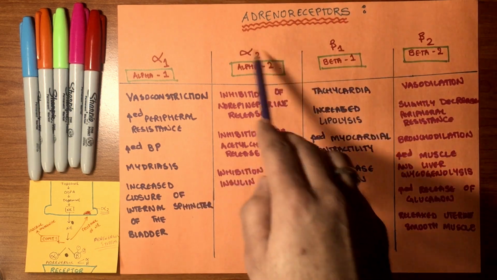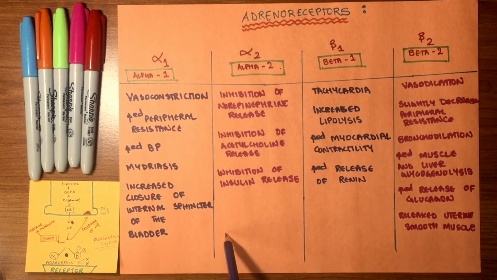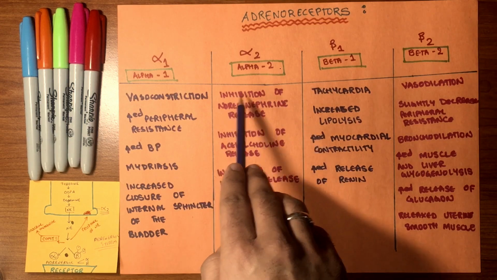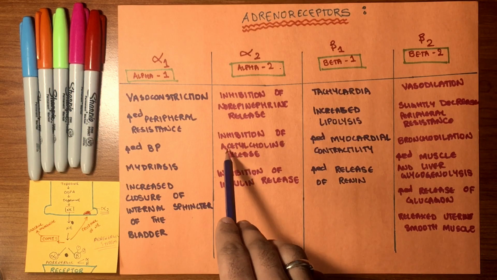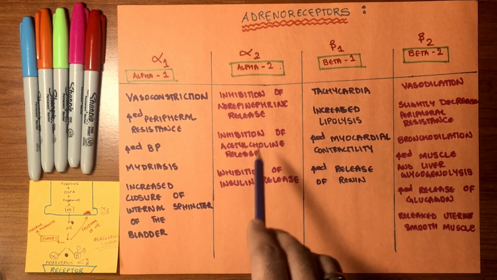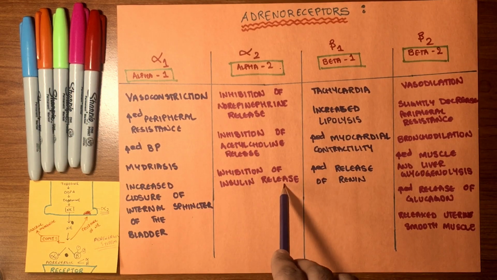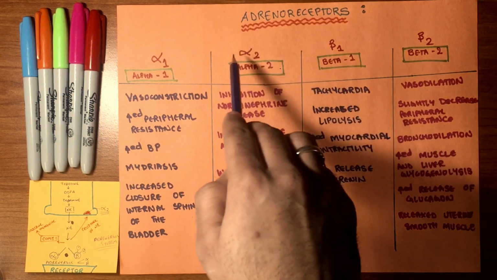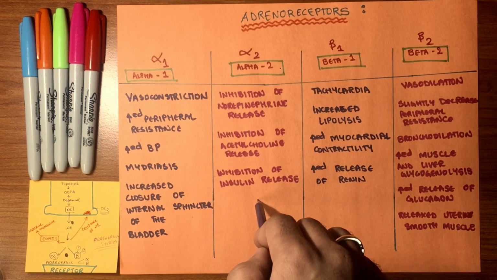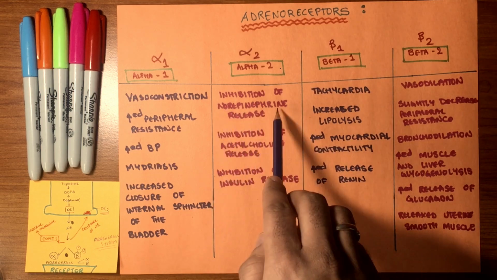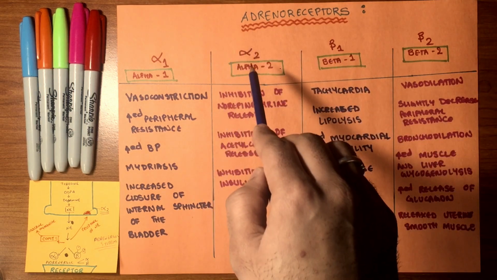Alpha 2 is a little discrepant as it works opposite. Inhibition of norepinephrine release, inhibition of acetylcholine release, and inhibition of insulin release. Now this is for the feedback mechanism. It is when there is an oversaturation of norepinephrine and it needs to get back into its own house.